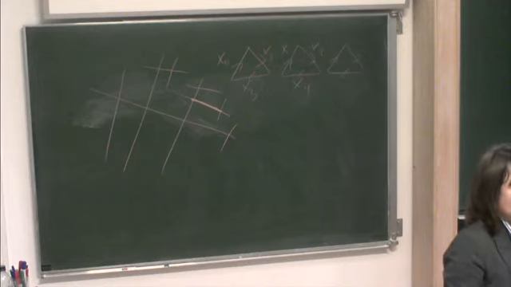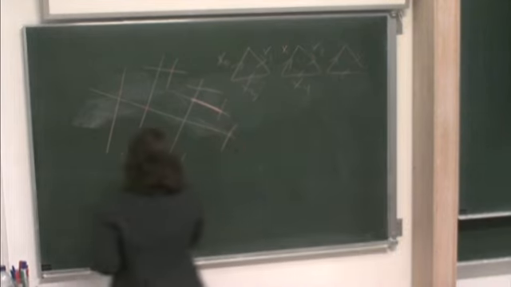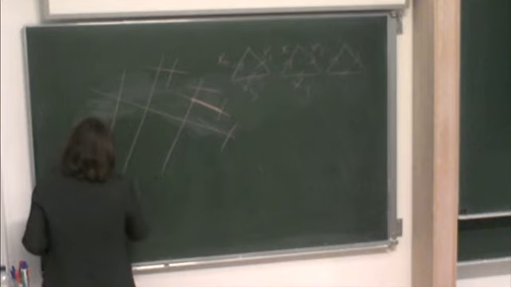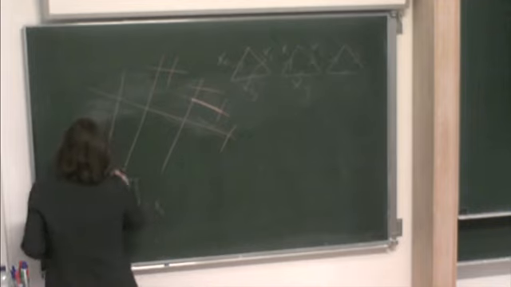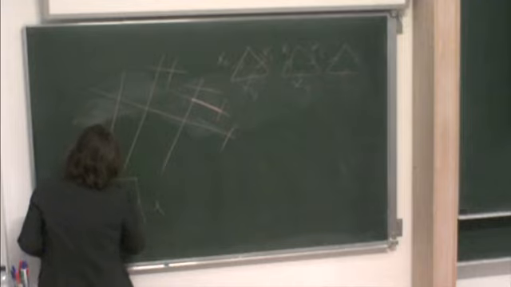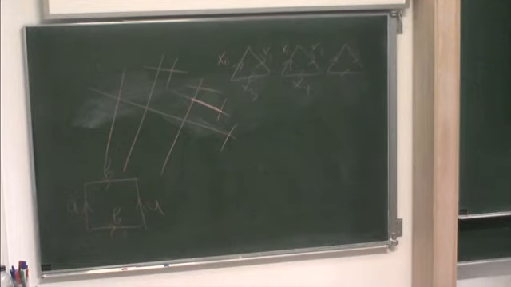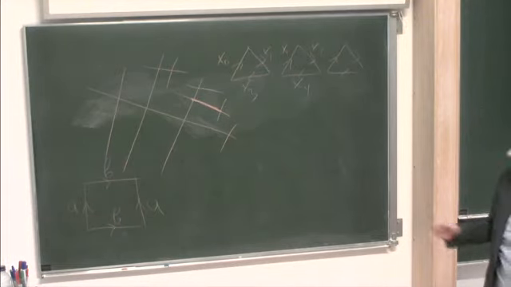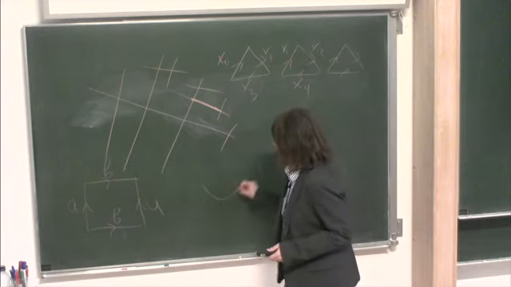From elementary topology, you can think about a torus: we take a square, write the word A B A inverse B inverse on the boundary, then identify sides with the same letters, and we get a torus.